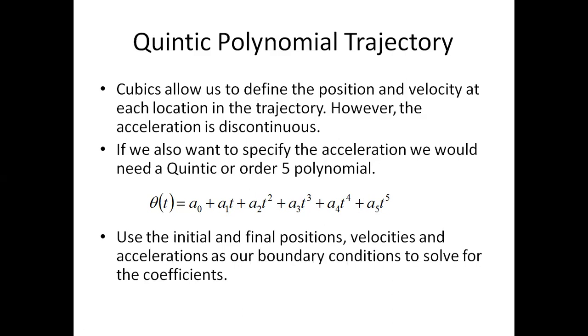So if you want to specify the acceleration, we have to go for a 5th order polynomial, considering the initial and final positions, velocity and acceleration as the boundary conditions for solving our coefficients.